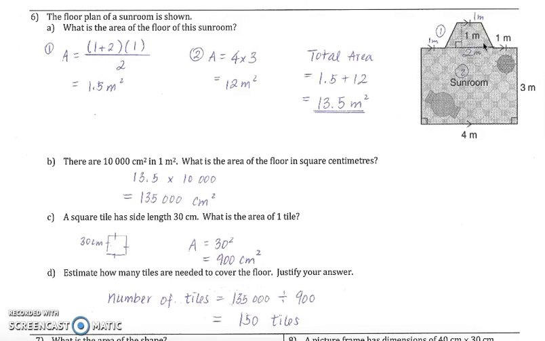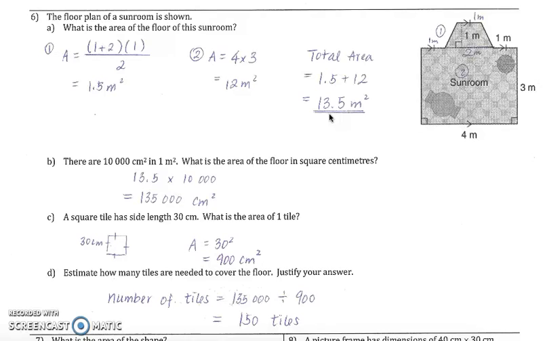Therefore, the area of the trapezoid is 1 plus 2 times its height 1 divided by 2. This is 1.5 square meters. The rectangle here is 3 times 4, or 12 square meters. So add 12 to 1.5.